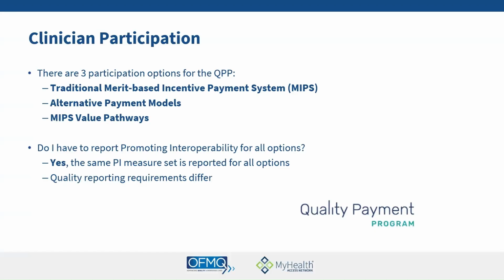The reason they do the promoting interoperability is because that's how CMS is assessing your use of health information technology. So they're making sure you've got an EHR in place and making sure that you're taking steps towards patient safety, safety of health information, and then things like health information exchange and e-prescribing that tie in with all the health IT technology.